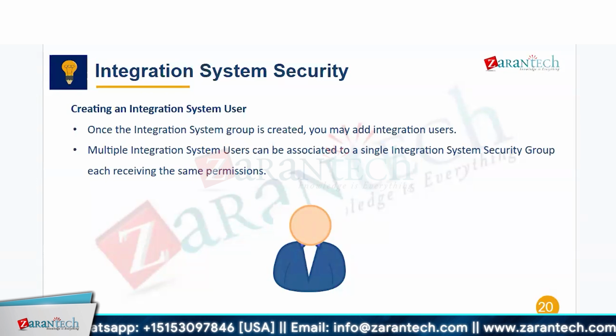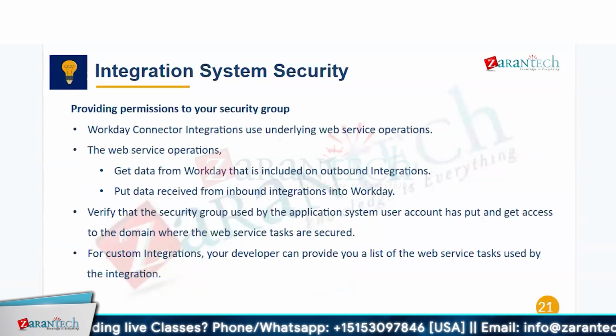You will not create a separate ISSG for each of these integrations. Since they require the same kind of access, you will just create a separate ISU with a different name for each of these integrations. So the ISU needs to be separate per integration, one ISU per integration, and all these four ISUs will be added into the same integration system security group, ISSG.